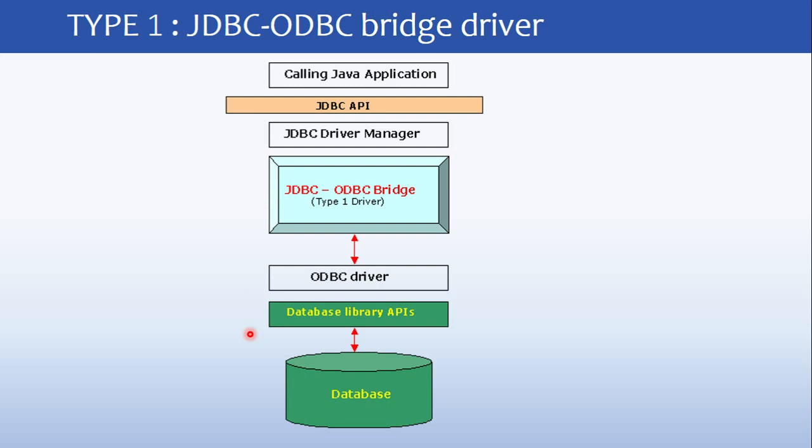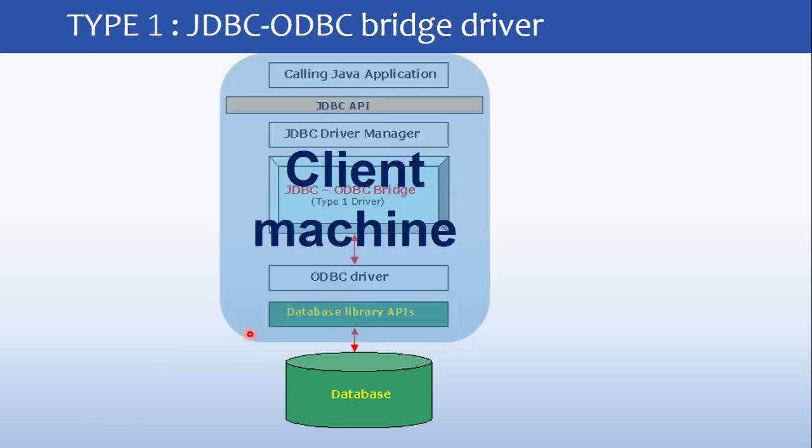Here I want to clarify that all these components reside on the client machine: your application, your JDBC API, your JDBC ODBC bridge driver, that is the type 1 driver, your ODBC driver, and your database library API are all on your client machine. The database may or may not reside on the client machine. It totally depends on the kind of application you are building.